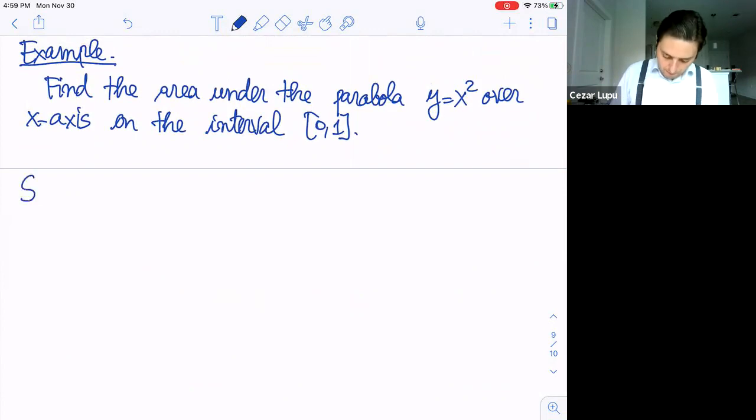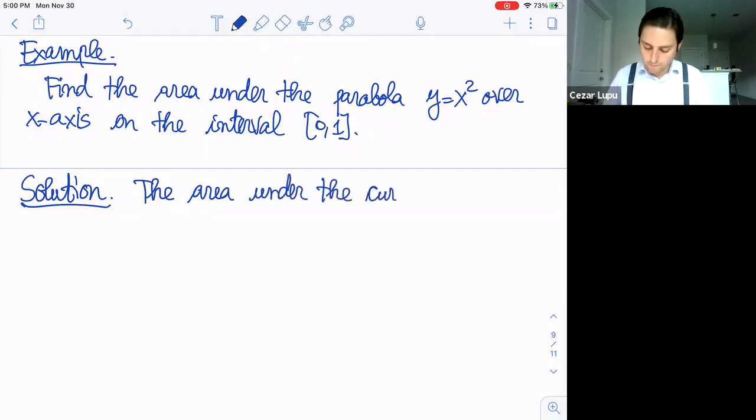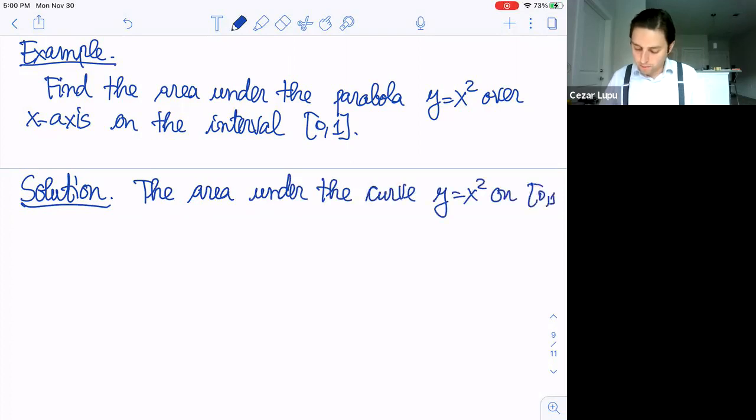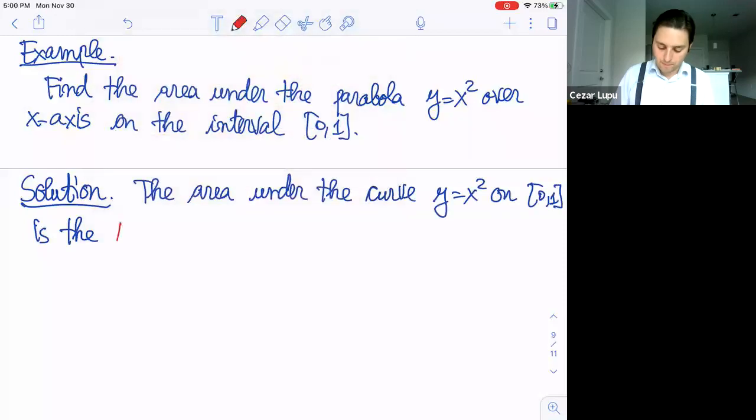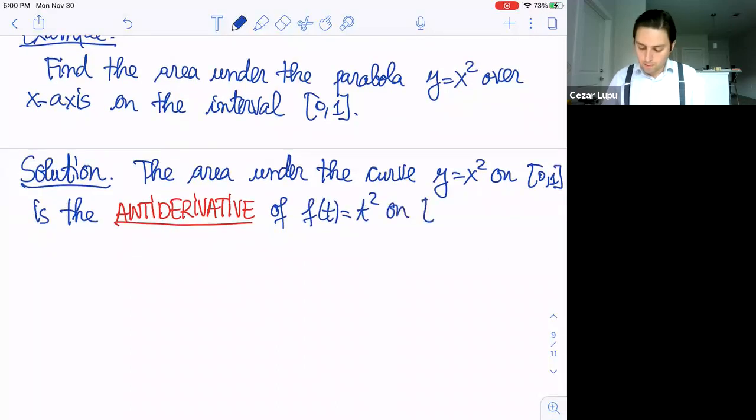Okay, but first, let me just say that the area under the curve y equals x squared on 0, 1 is the antiderivative of f of t equals t squared on the interval 0, 1.